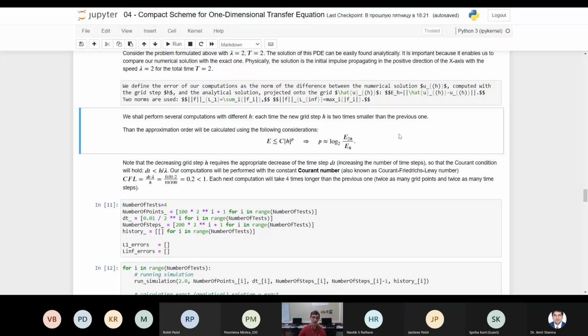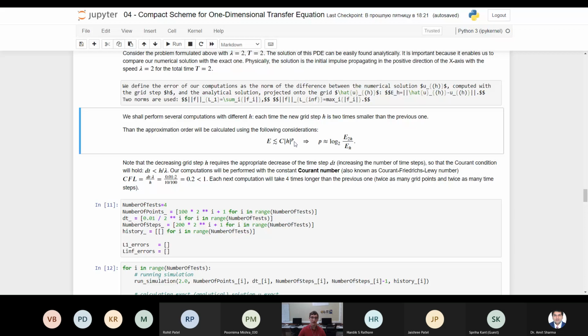And the approximation order is given by this formula. It's the definition of what an approximation order is, and p here is actually the approximation order.